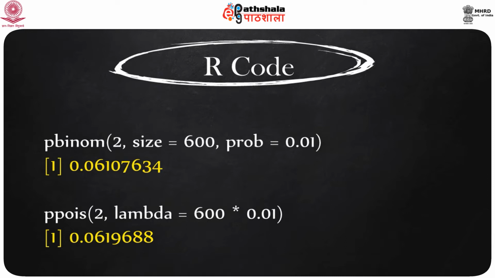Using the binomial code, we have the cumulative probability to be 0.06107634, the one we gave here, and using the Poisson code we get 0.0619688. These two are approximately the same, as is pretty obvious from the output.